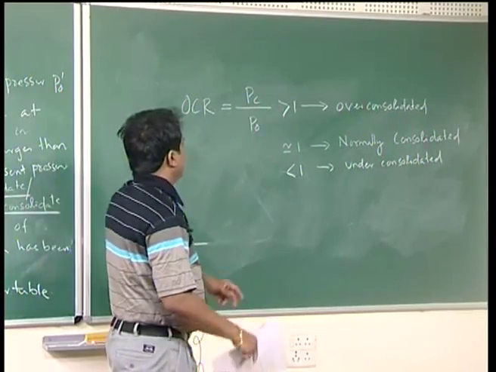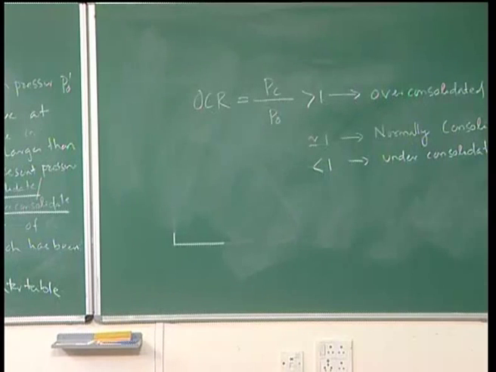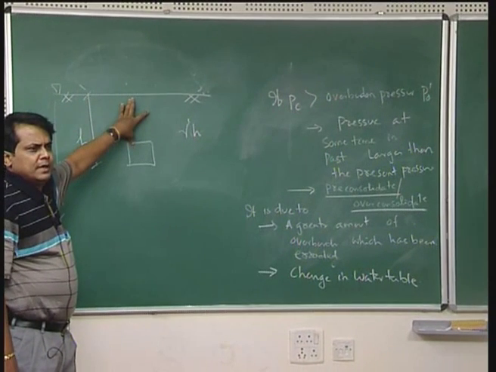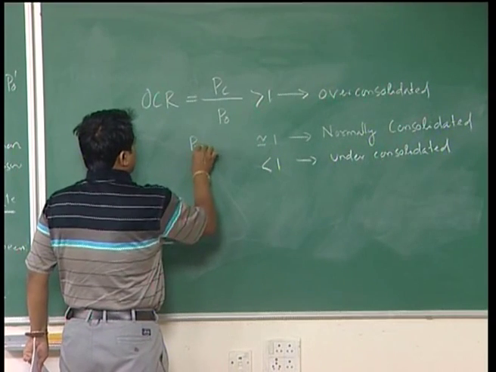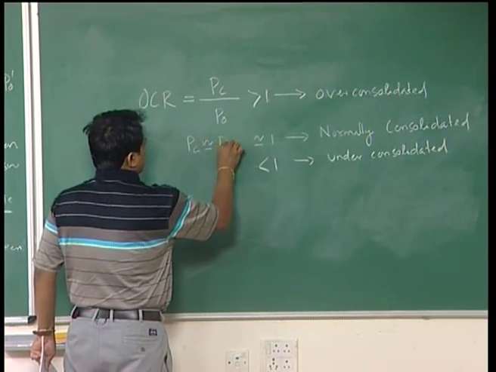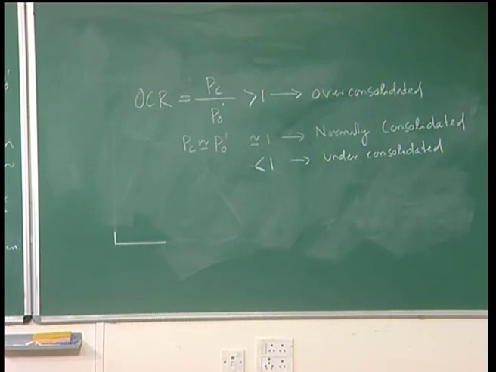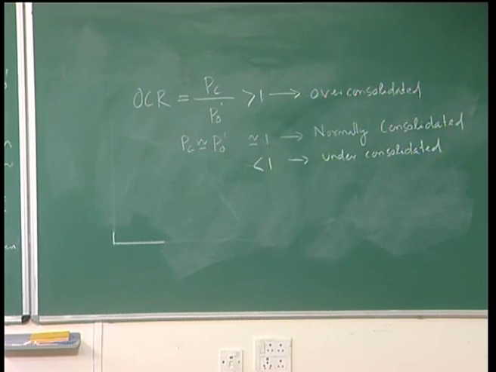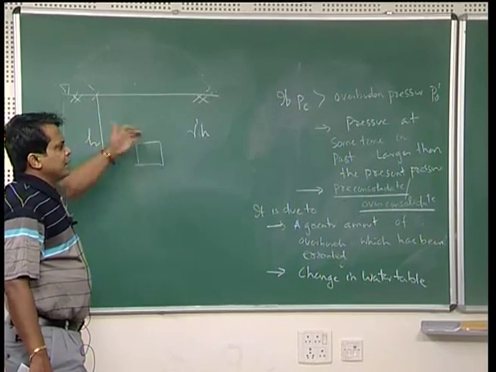Now, normally consolidated means whatever pressure was above the soil mass in the recent past, right now the pressure is the same. In that case Pc is equal to P0, pre-consolidation pressure is equal to overburden pressure. So in that case it is normally consolidated, that means the consolidation process has started.